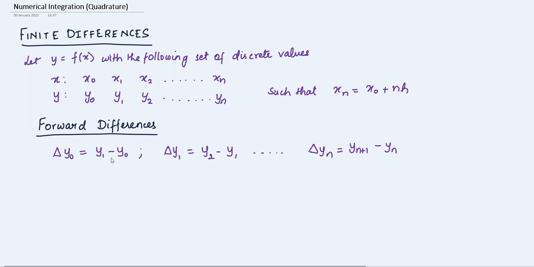In general, we write delta yr is yr plus 1 minus yr for r taking values from 1 to n. This is a general term representing all of the above. This is called the first forward difference.